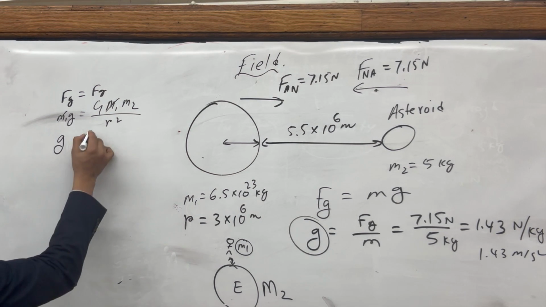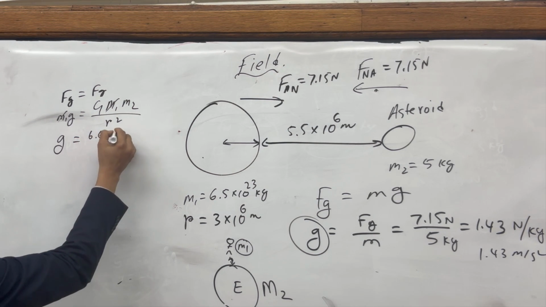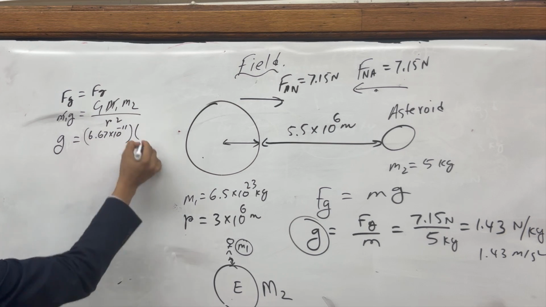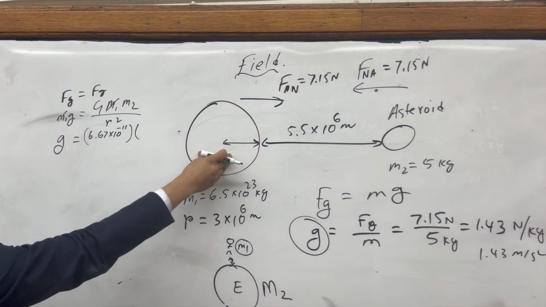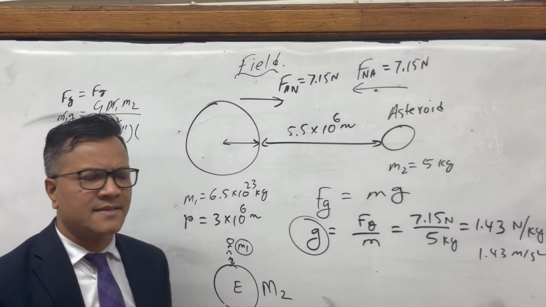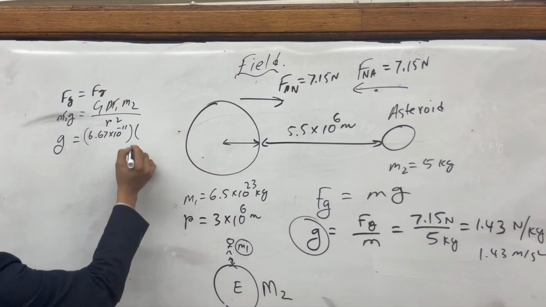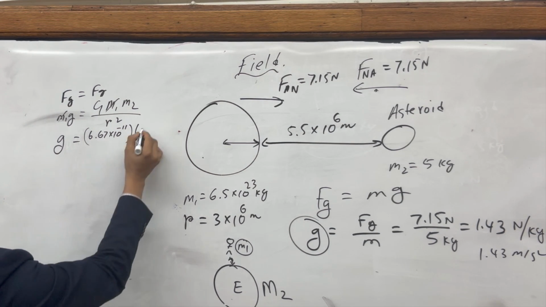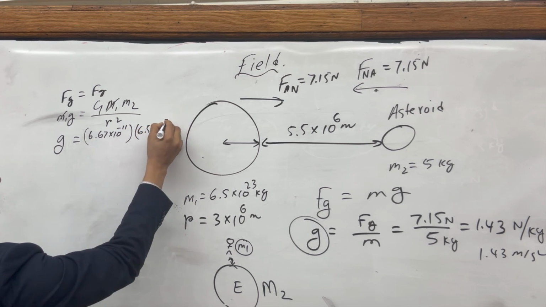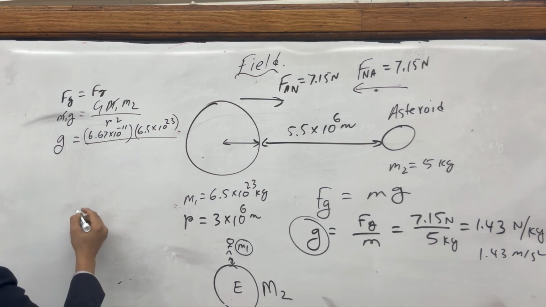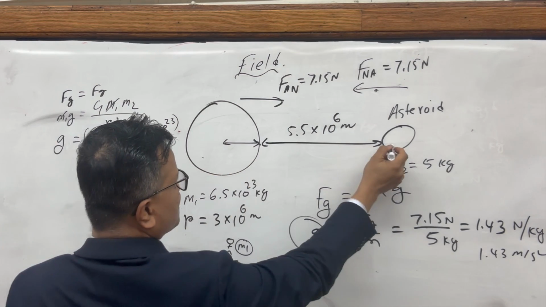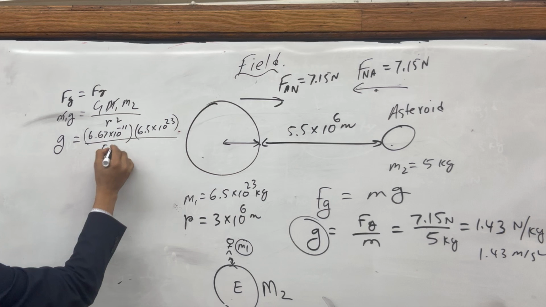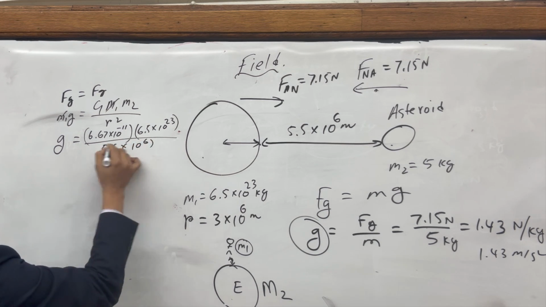G is 6.67 times 10 raised to negative 11. The mass of this unknown planet you just landed on is 6.5 times 10 raised to 23, divided by the distance between these two bodies, 5.5 times 10 raised to 6, squared.